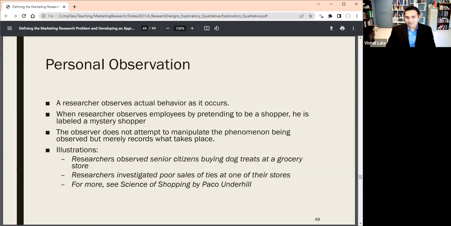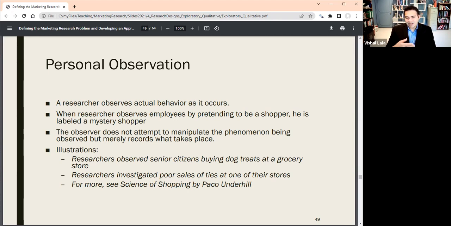It turns out the tie tower was placed in a very narrow walkway, and as people went down the tower to examine ties lower down, their rear end would stick out a little bit. Because the walkway was narrow, they would get nudged.